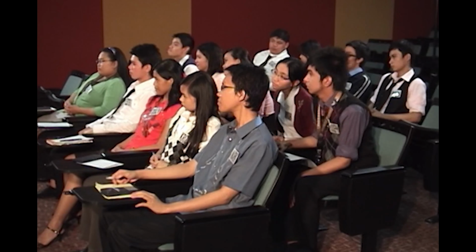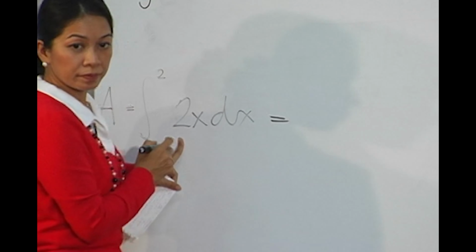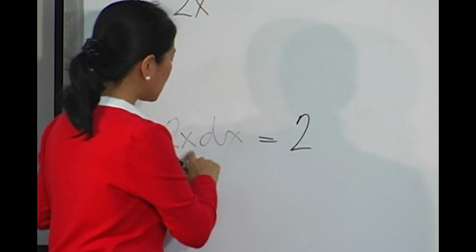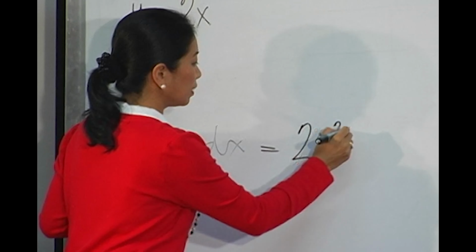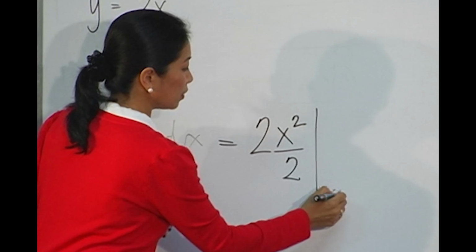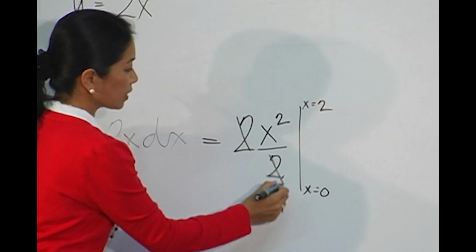Okay. You have 2x, and the integral of 2x is? 2x squared. Okay. You copy the constant, and x becomes x squared over 2, evaluated from x equals 0 to x equals 2. And the 2's will cancel out.